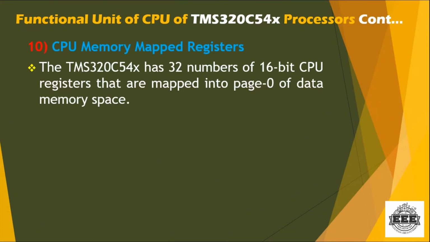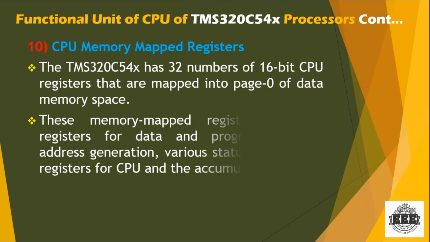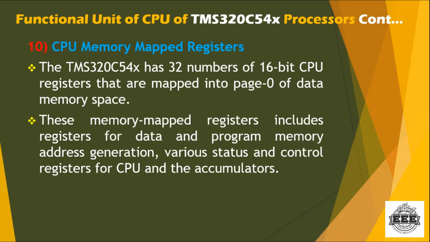Then the last functional unit, which we are going to see here, is the CPU memory map register. The TMS320C54x has 32 16-bit CPU registers that are mapped into page 0 of data memory space.